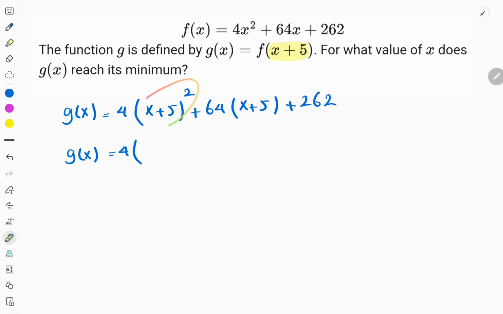So this is the perfect square. The answer is x squared plus 5 squared, which is 25, and 2 times the product of x and 5, which is 10x. And then multiply 64 according to the distributive law by x plus 5.